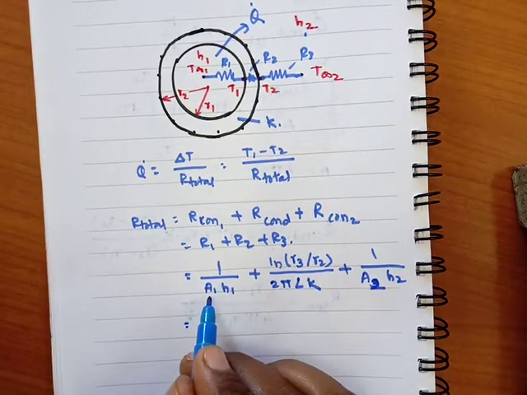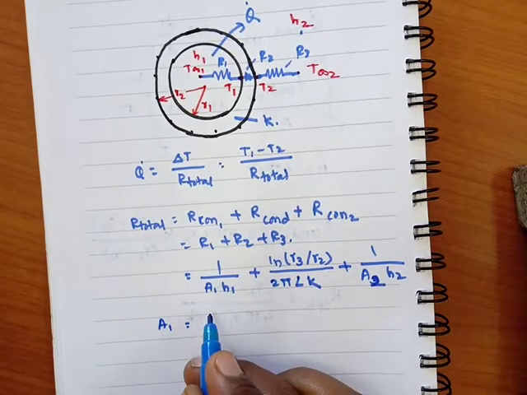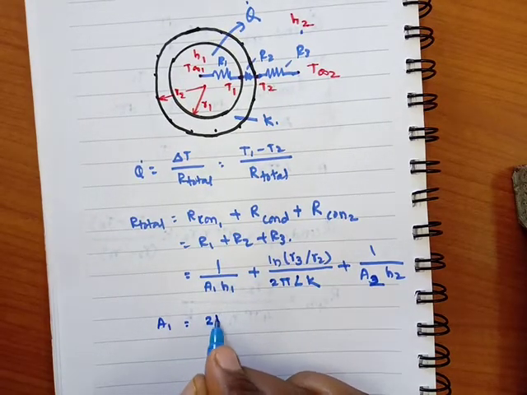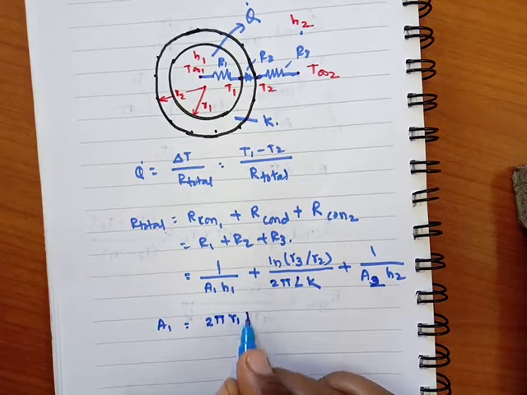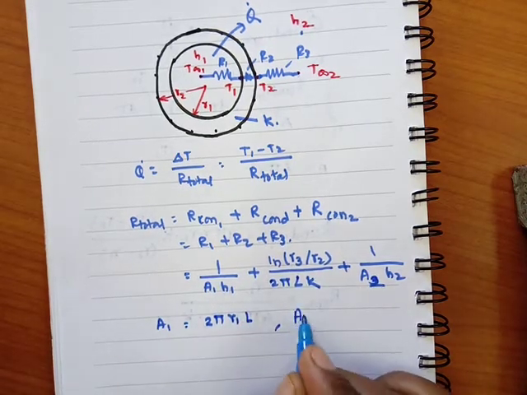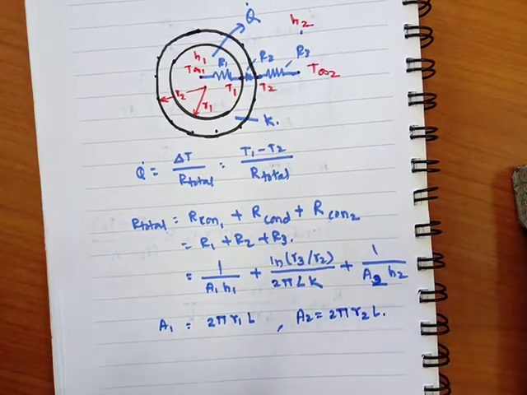Okay, so A1 we have considered, A1 is equal to inside surface 2 pi R1 into L, and A2 is 2 pi R2 into L.